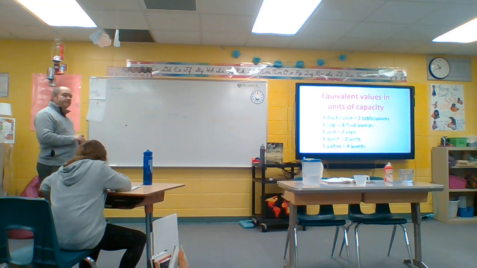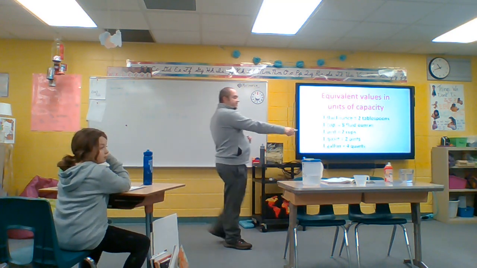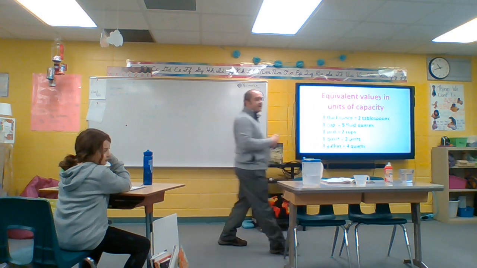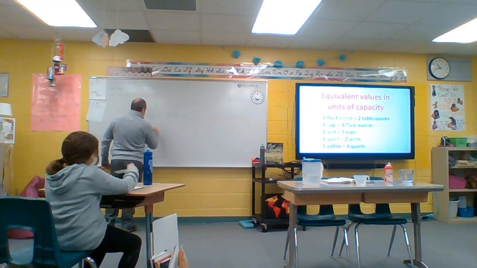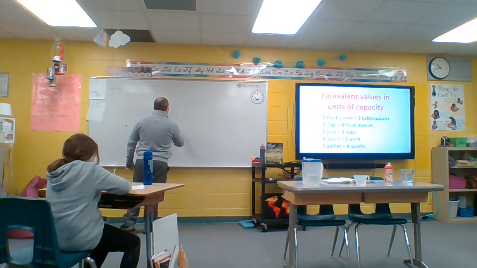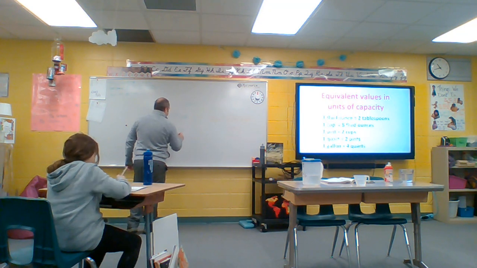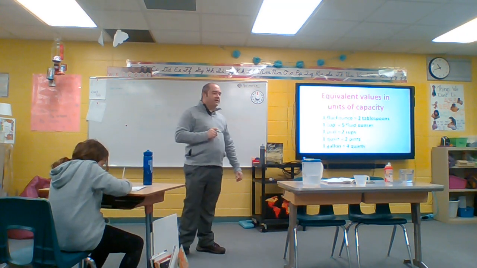Okay. Mason, what'd you measure? I measured the measurement cup on the far right. Okay. And what'd you get? 2 cups. You got 2 cups of water in the measurement cup. That equals 16 fluid ounces. And if I wanted to convert that into pints, how many pints would 2 cups be?